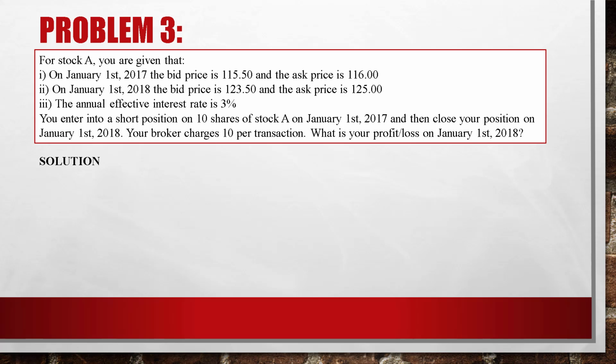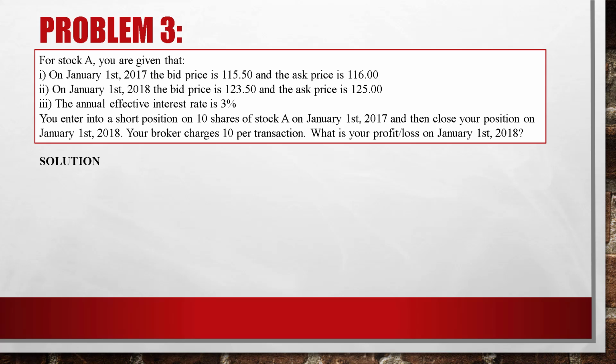The annual effective interest rate is 3%. You enter into a short position on 10 shares of stock A on January 1st, 2017, then close your position on January 1st, 2018. Your broker charged $10 per transaction. What is your profit or loss on January 1st, 2018?